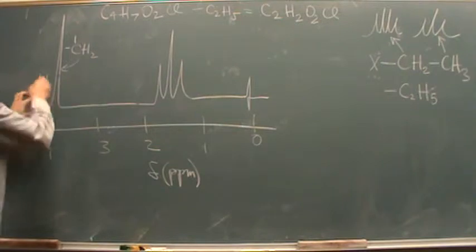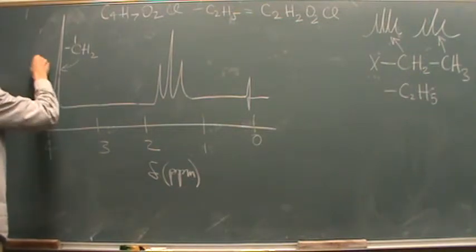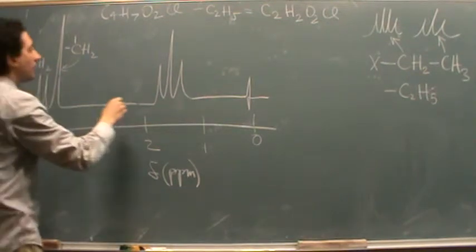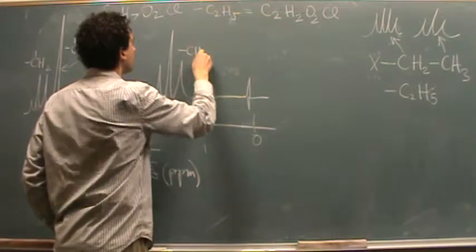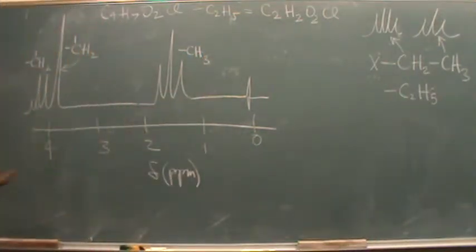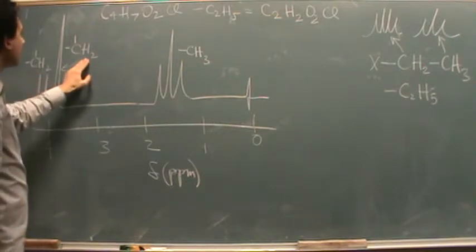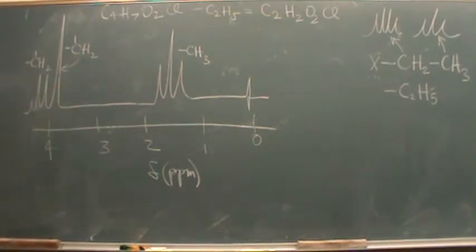Remember, this is a quartet, so this is the CH2 of the ethyl, and this is the CH3 of the ethyl. At least that's my current guess right now. Alright, so I think this is giving a singlet because it's not next to any other hydrogen, so I don't think this is near the ethyl group, or it would mess up the ethyl pattern of the 3-4 peak. So I think that's all by itself.